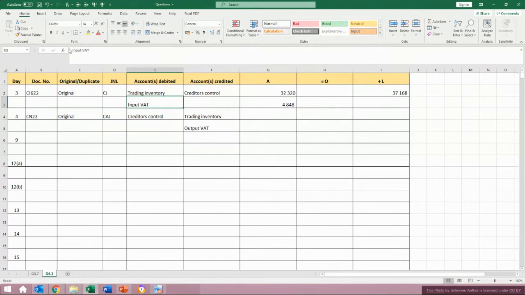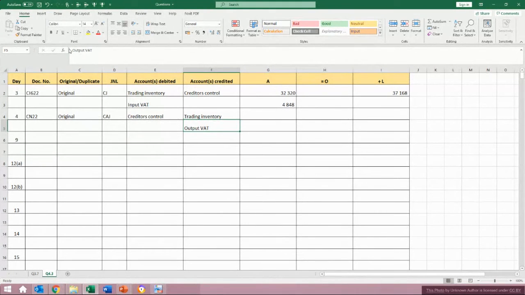Where we initially debited input VAT, now we're going to credit the VAT component, but it now changes to output VAT and no longer input VAT, because when I return the goods, I have to pay that VAT back to SARS to net off what I've already claimed previously. Okay, so that is the accounts that are debited and credited.